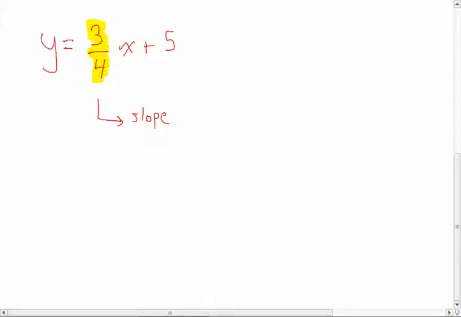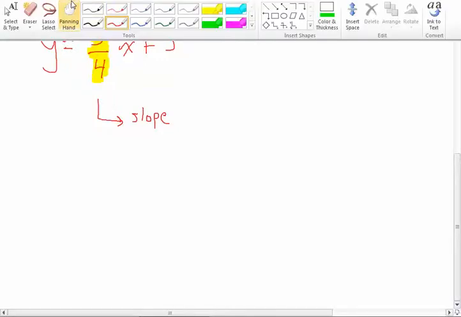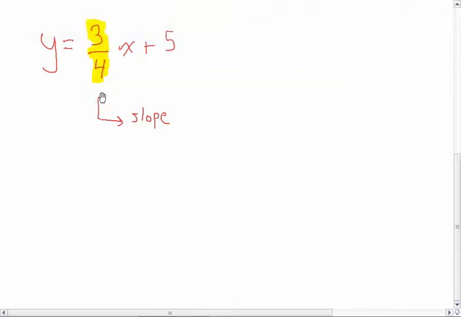What would the slope of a parallel line be? If a line is parallel to this one, what would its slope be? 3 over 4. What would a perpendicular slope be? A shortcut way to write perpendicular is just an upside down capital T because it looks like our right angle guy.